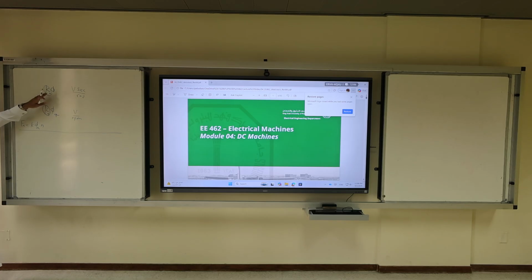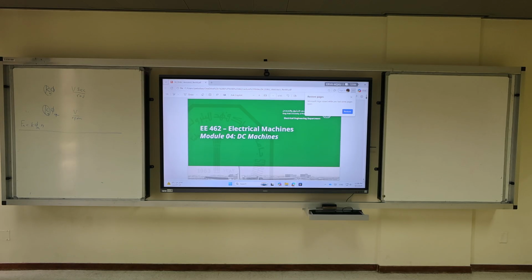So if you change IF, this constant will also change. Do not be tricked by thinking that this is always a constant number if we change the flux. Anytime the flux changes, for example, if you change RF, it will change.